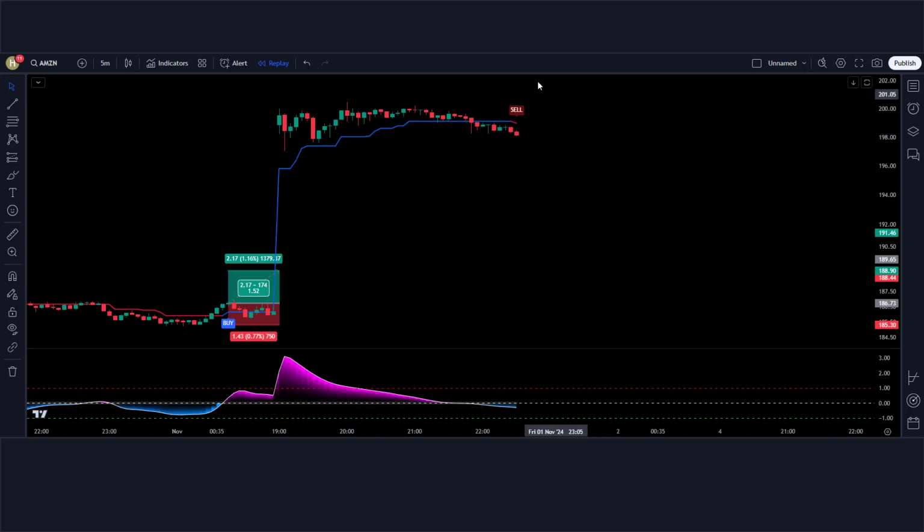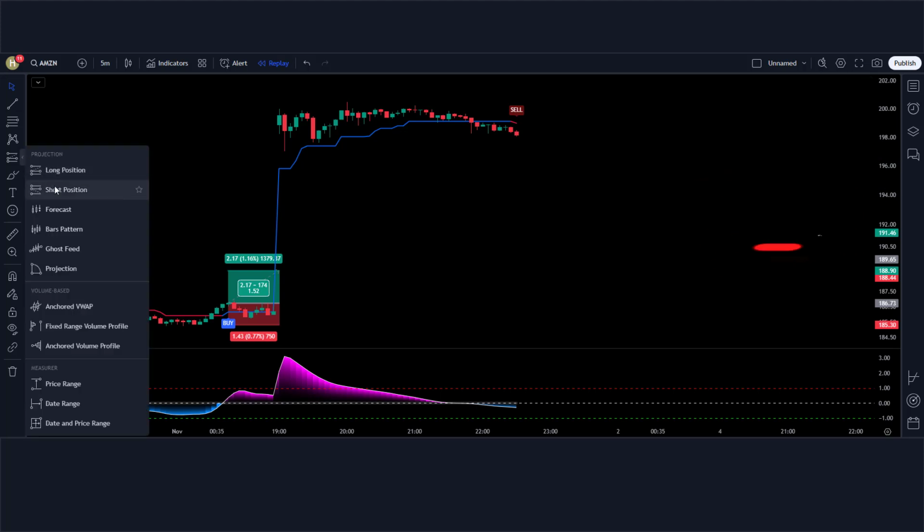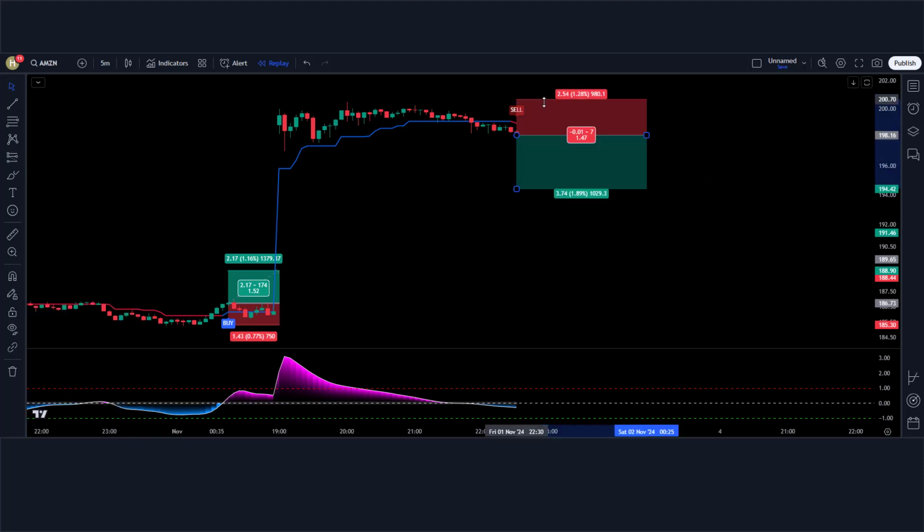We have got the signal. Here the Follow Line indicator gives us a sell signal. The market has made a bearish candle to give confirmation. The TrendFlex line of the TrendFlex Oscillator moves below the zero line. So all our conditions are fulfilled, so we are placing an order to sell. Our stop loss will be placed at the current market's higher level, and the risk to reward ratio will be 1:1.5.